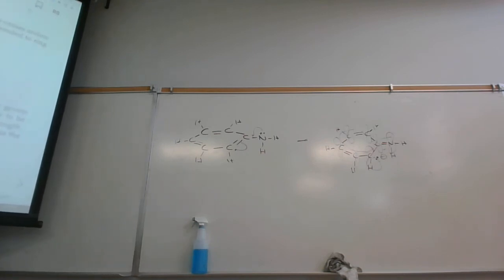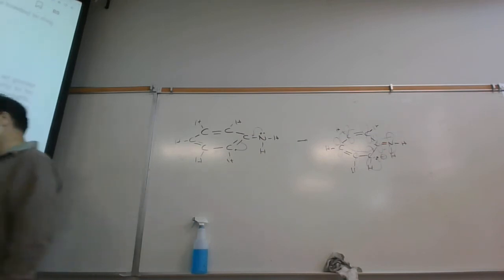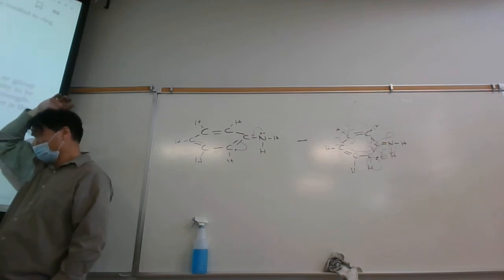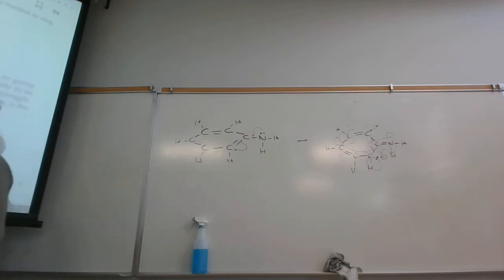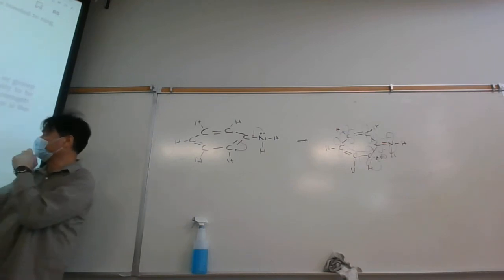Now, what we're going to have here are the electron withdrawing groups in the para position, furthest away, or the positions closest to the amine.